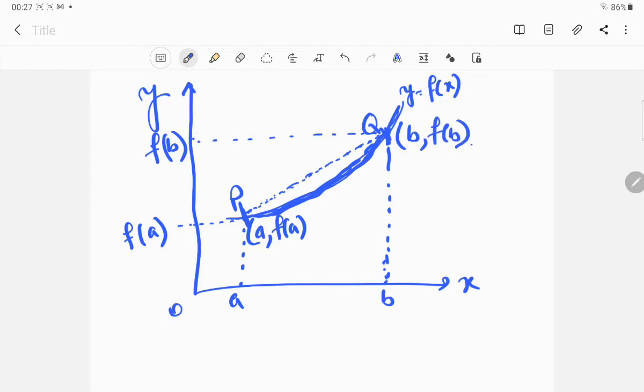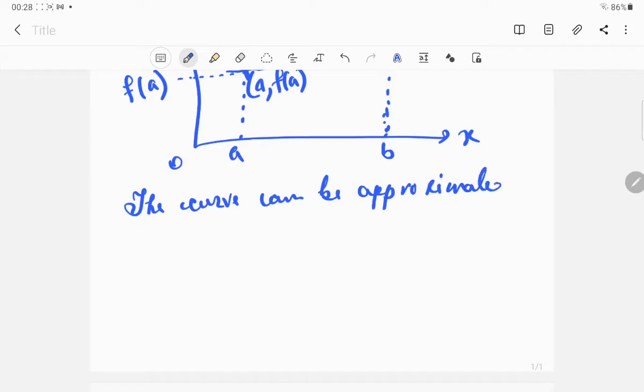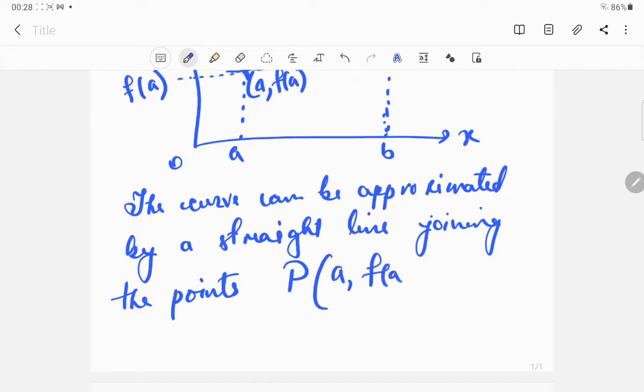Okay, so we can say that the curve can be approximated by a straight line joining the points P, (a, f(a)), and Q, (b, f(b)).